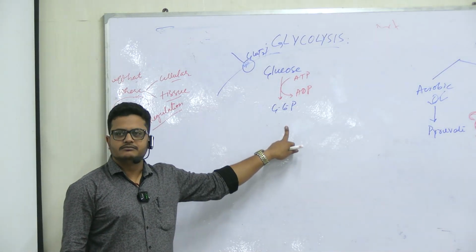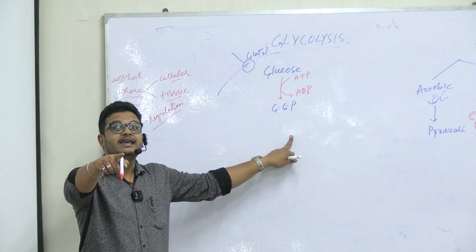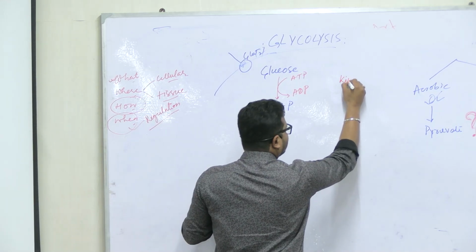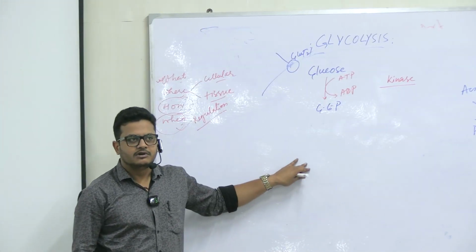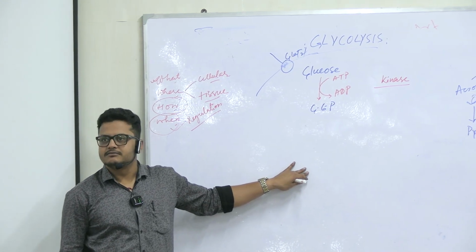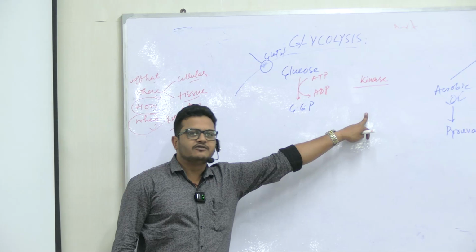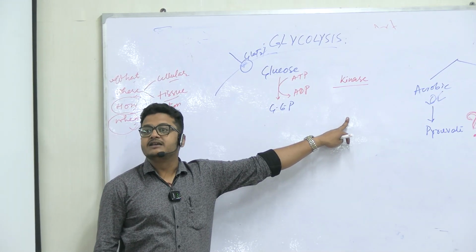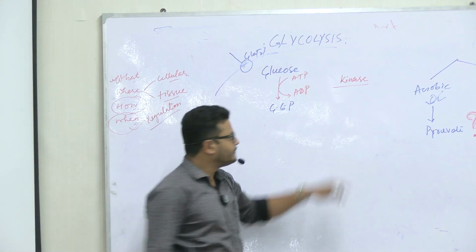The enzyme name should be, close your eyes and write, kinase as the suffix. What should be the prefix? Look at the substrate and add the name of the substrate in the enzyme. Either it can be glucokinase or it can be hexokinase. Simple. Okay?